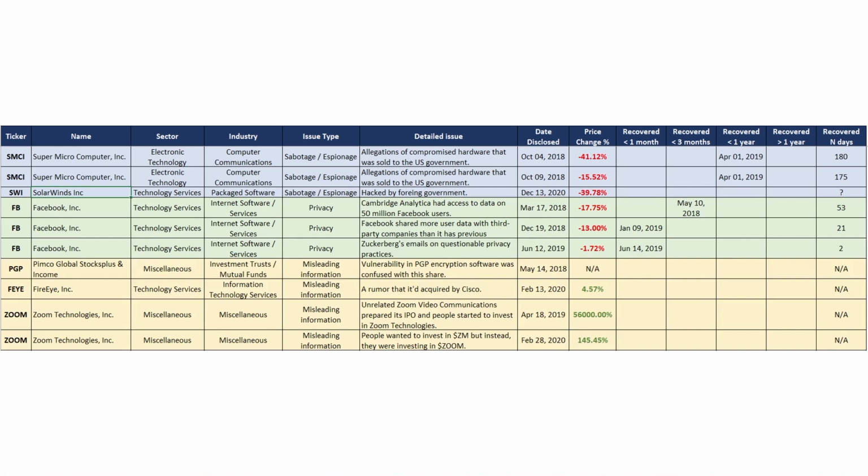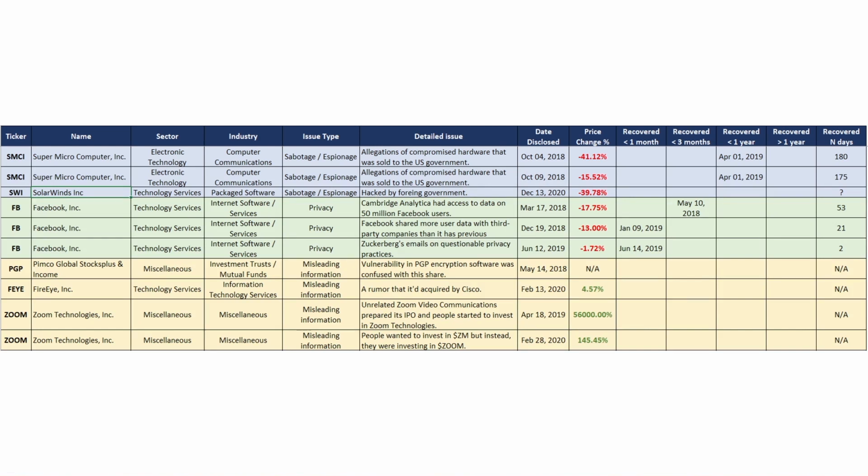Now, as I said before, things related to sabotage and espionage are more impacted, as you can see here in the stock prices. Minus 41% in the case of Supermicro Computer, or minus almost 40% in the recent SolarWinds hack.